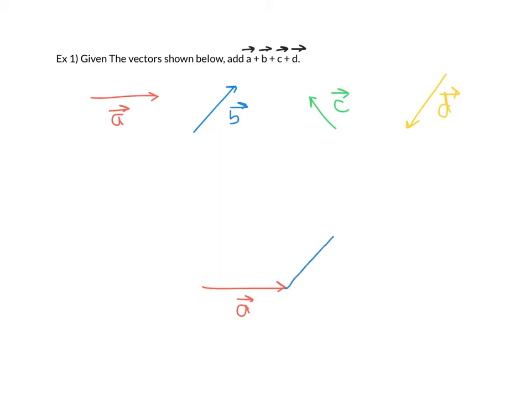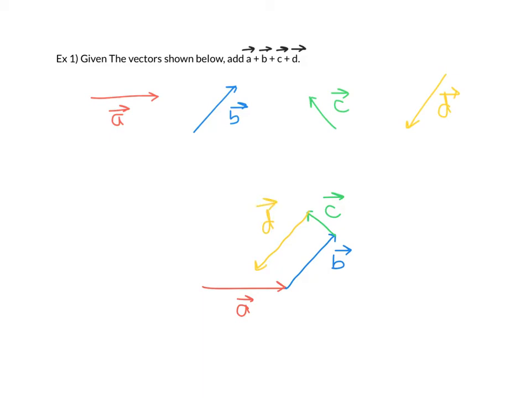I'm going to add vector B. And again, tip to tail, I'm going to add vector C. And then finally, again, tip to tail, I'm going to add vector D, which is in this direction.